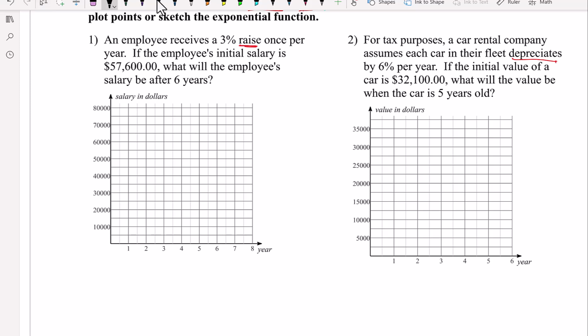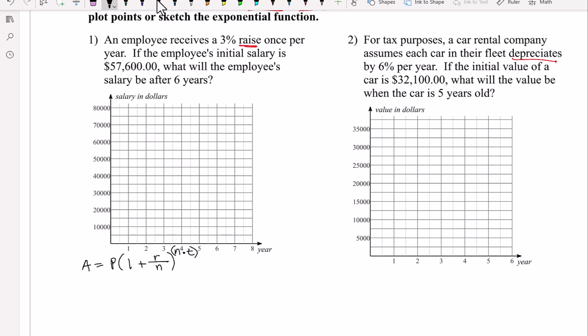Normally, if you're investing money, it would be account balance equals the principal times 1 plus the interest rate divided by the number of times that you're applying that, and then to the number of times for the number of years. And that's the general formula.